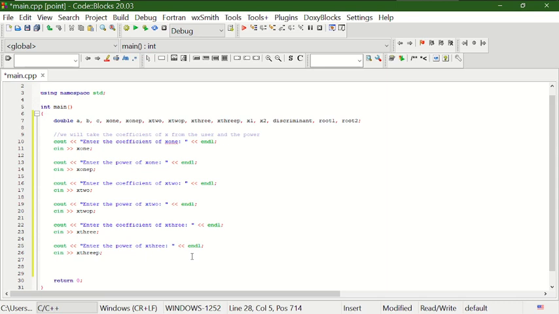So we can say we want to store this in A, and A should be equal to x1 times x1 power.